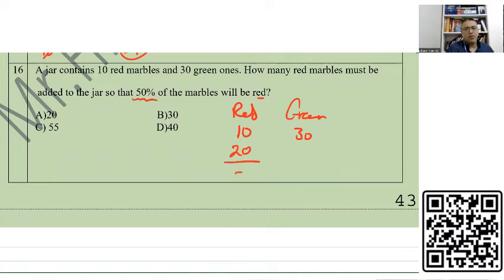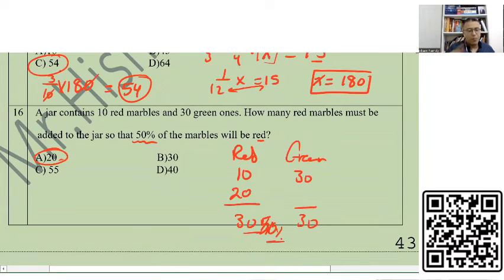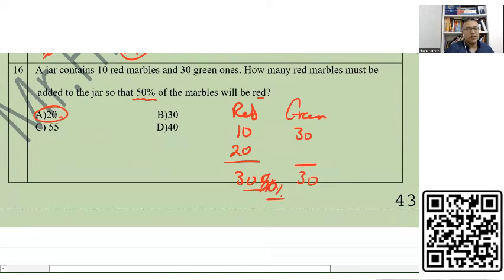The total number of red will be 30, and I have 30 green. Oh my God, it's 50% because 30 is half of the total. I was lucky. So the number I added is 20. My opinion is to use the choices with that kind of question.